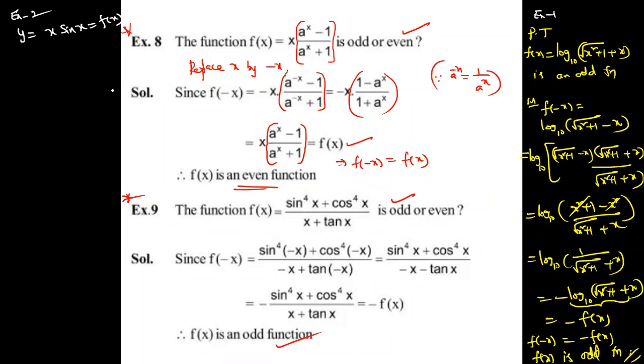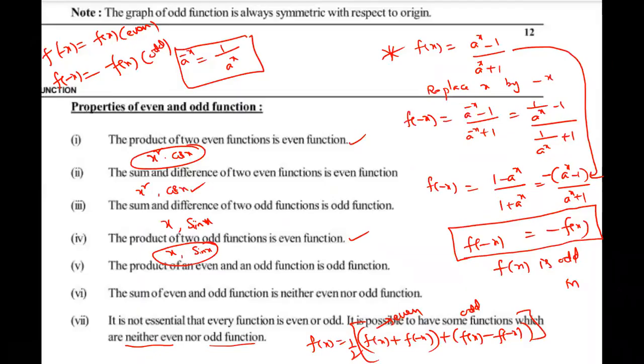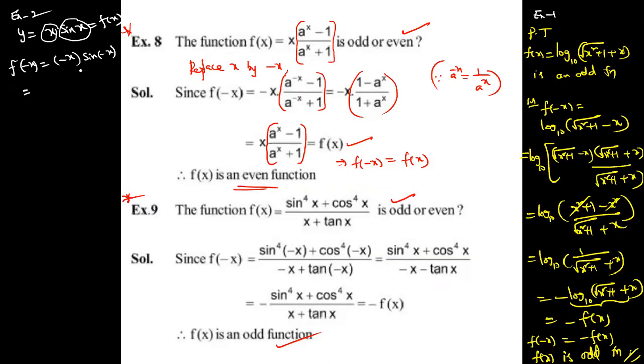First of all, what is the first step? Replace x by minus x. Minus x into... First of all, here two functions, one is odd, one is odd. Product of two odd functions. Verify what the answer is coming. Sine of minus x is also minus sin x.